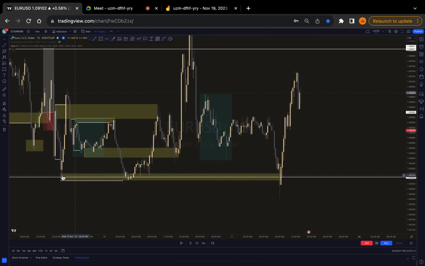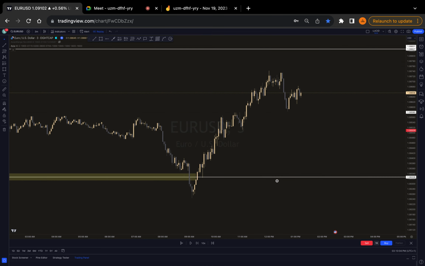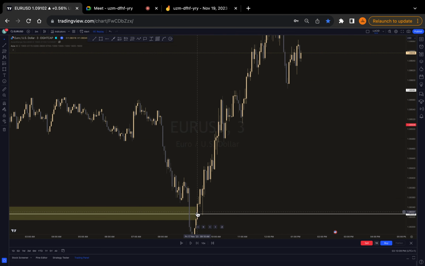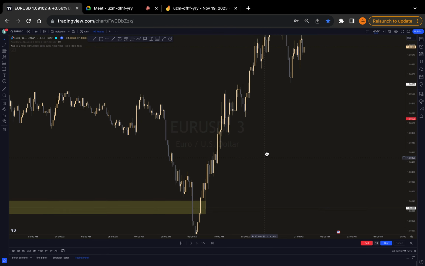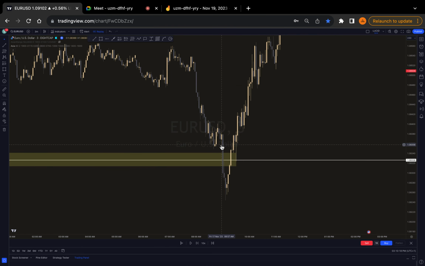Because this is a key level, this low, price swept it and came back, right? Now, price sweeping this low and coming back, can you see that it reclaimed it here? So even if you did not take it from here, you can wait.